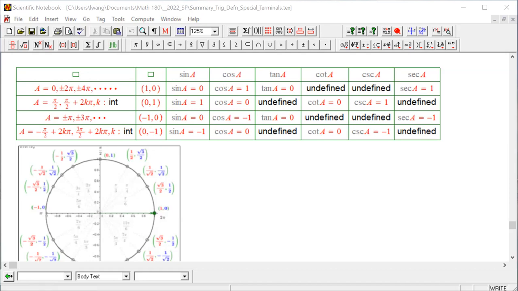The second terminal. So we just discussed the terminal which is overlapping with the standard position. How about the terminal over here? These angles will be pi over 2 plus 2k pi, right? You get to pi over 2, and then you go around, you come back to pi over 2.